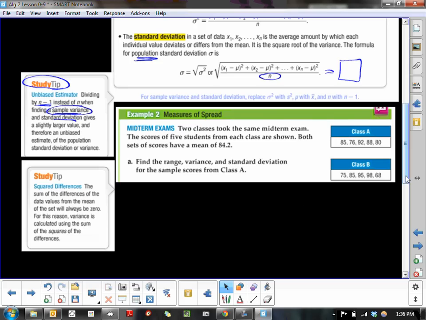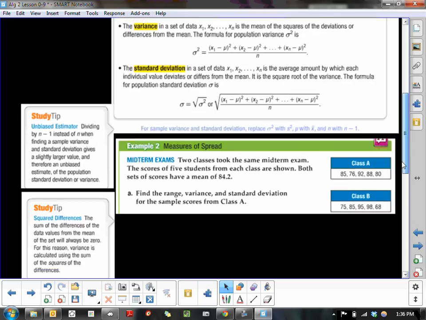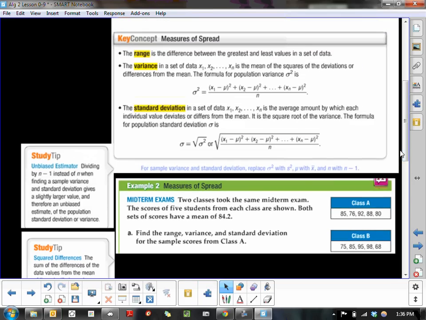So in question A, we're going to find the range, variance, and standard deviation for the sample scores from class A. Now what's important to note is that these formulas that were given to us up here were for population variance and population standard deviation.